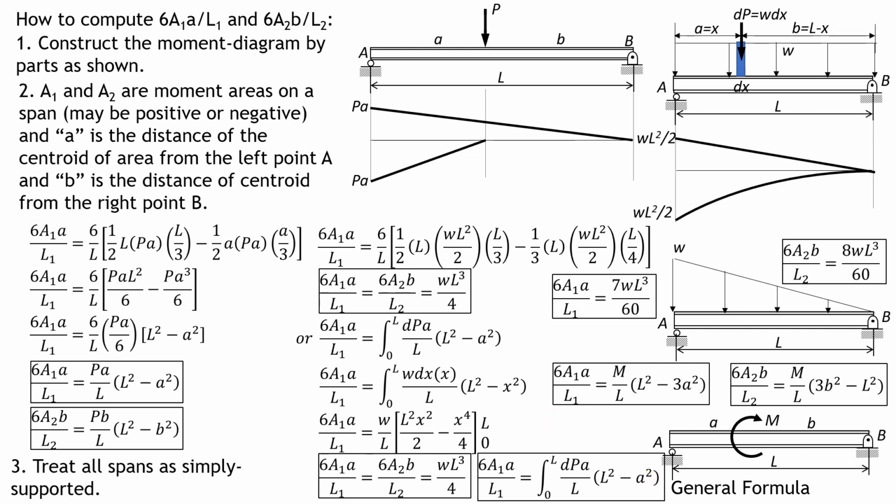Let us derive the equation for 6A1ā over L1 and 6A2b̄ over L2, assuming EI is constant, for a situation where we have a couple load. This is the situation. So let's make B as the wall.